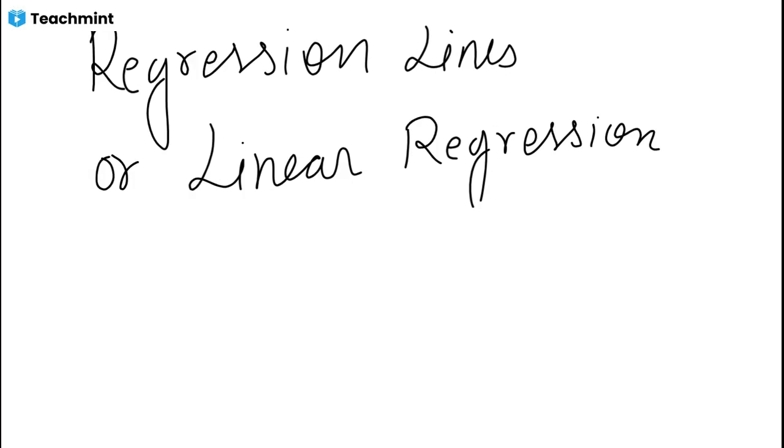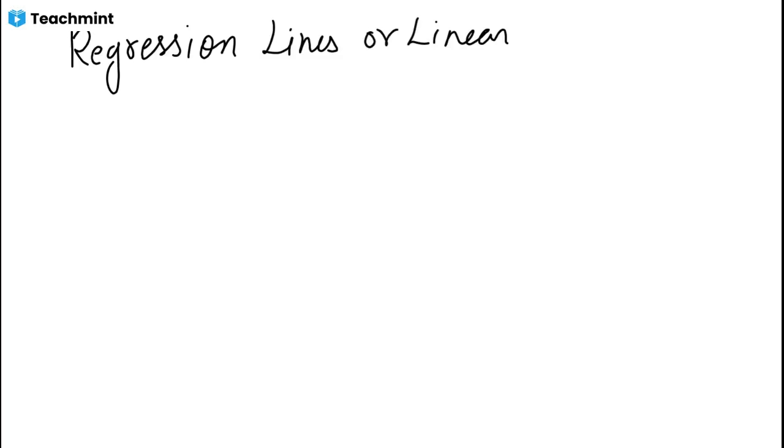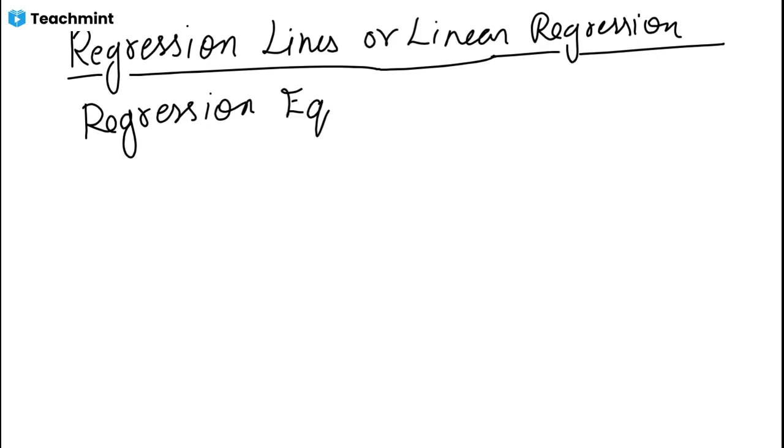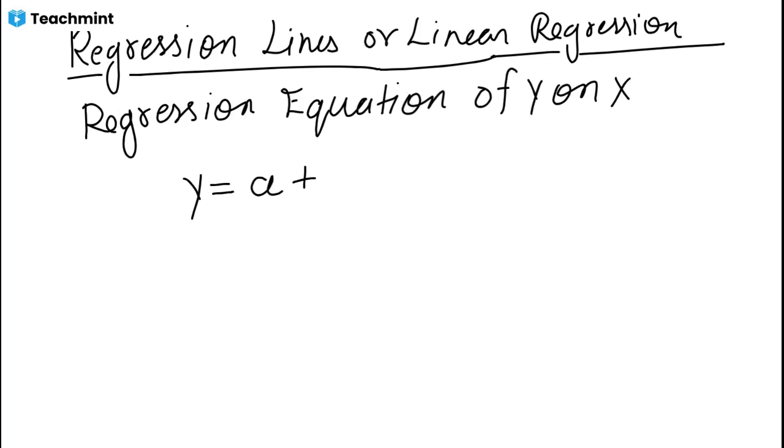So we have two regression equations. First, the regression equation of y on x: y is equal to a plus bx.